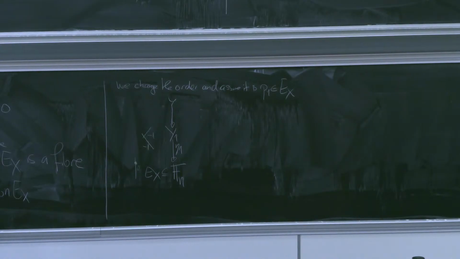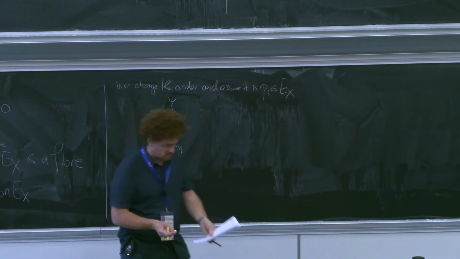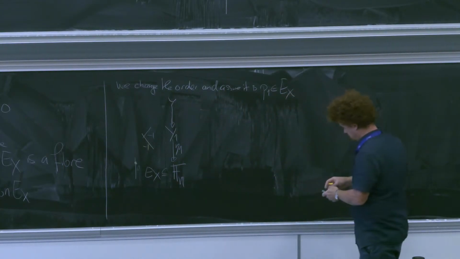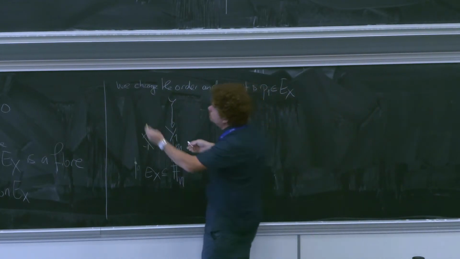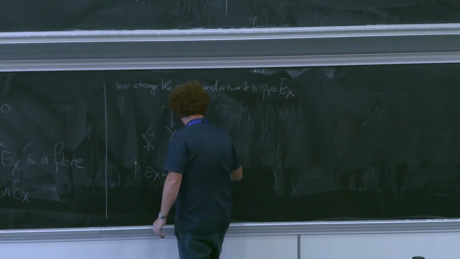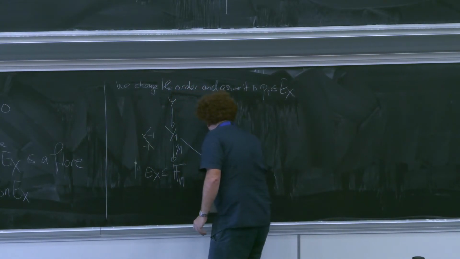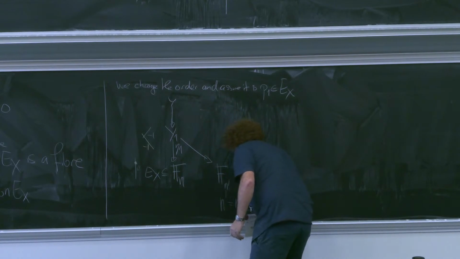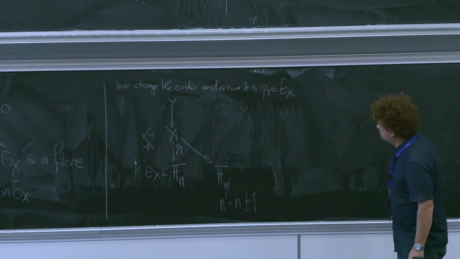Now when you blow up a point on your irreducible surface, the first thing you want to do, you contract the fiber. You have no choice. Then I go to F_{n-1}, not at all important.